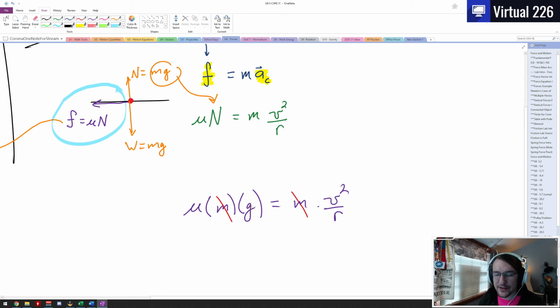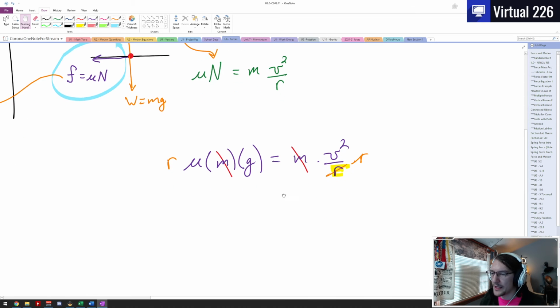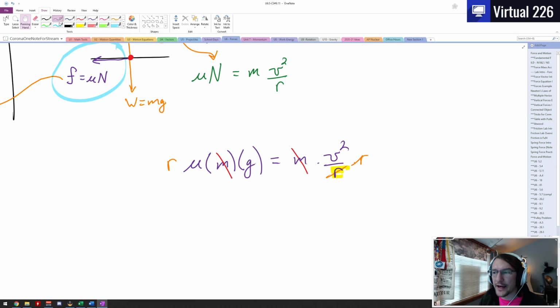What is gravity, which, here on Earth, is 9.8? What is the radius of the road, or the radius of that circular bend? Because we are going to multiply each side by r so that these r's go away. And what we quickly have is that v squared equals r mu g. And then if we want to get rid of the square, we'll simply take the square root.